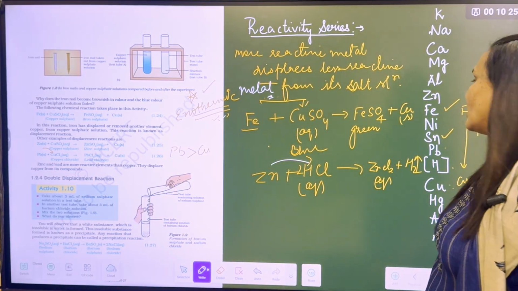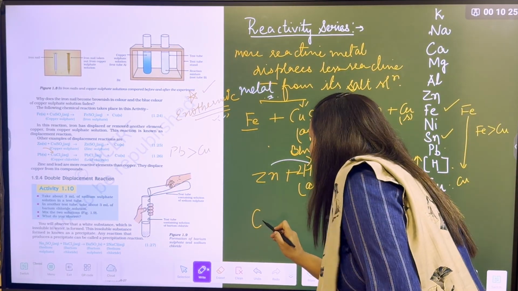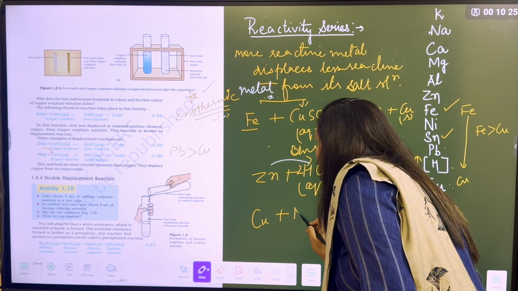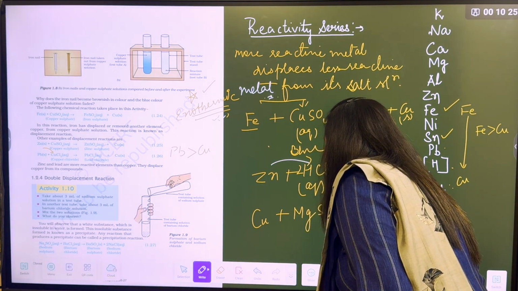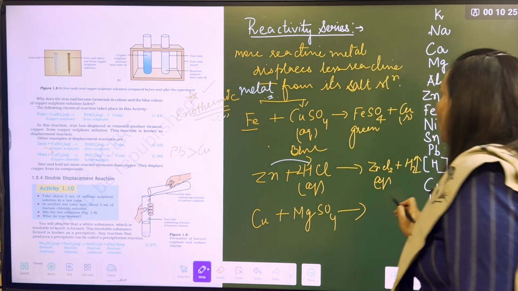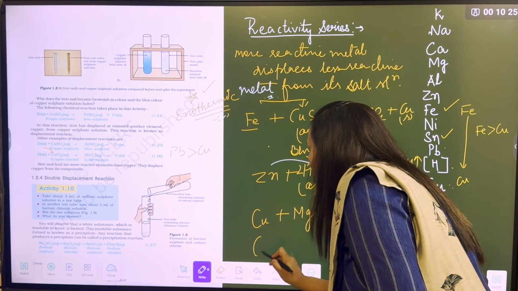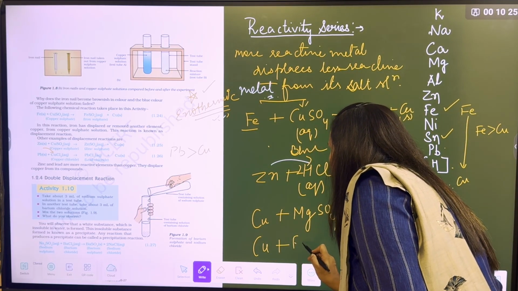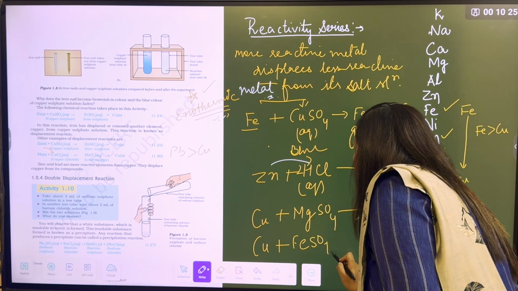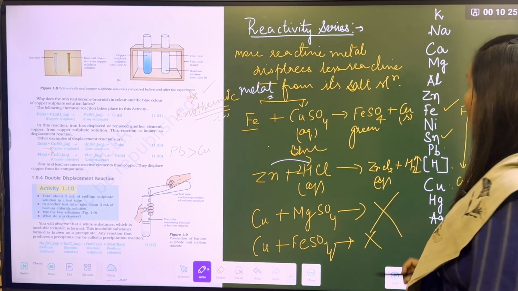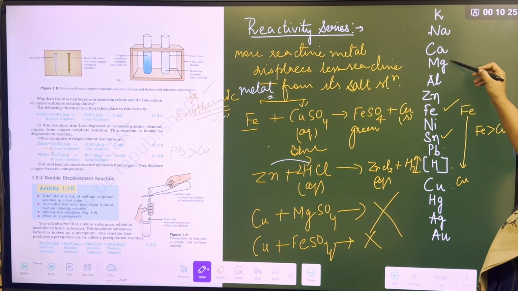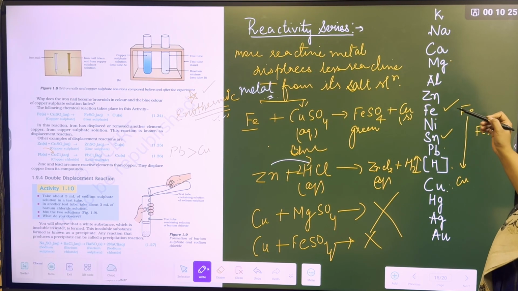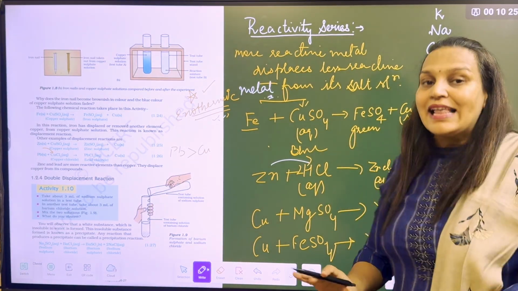But shall I ask you here one question? If I put copper in magnesium sulfate, will the reaction take place? No. If I put copper in ferrous sulfate, will the reaction take place? No. Why? Because copper is below the magnesium, copper is below the iron, copper is less reactive.